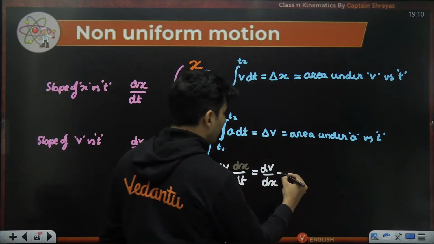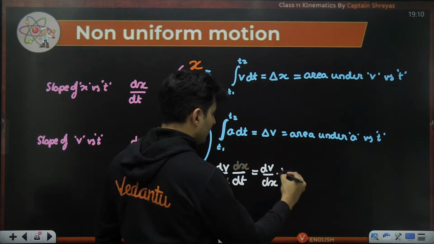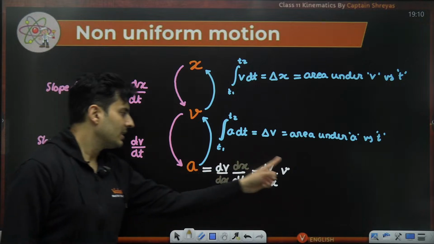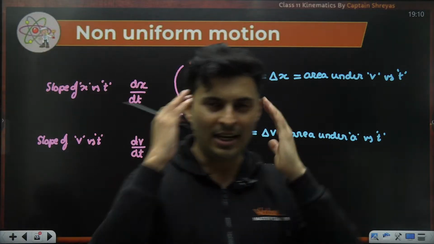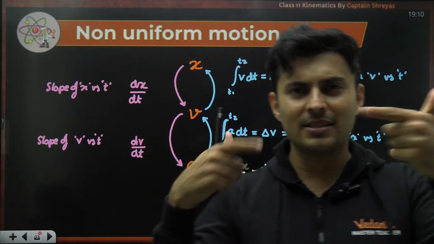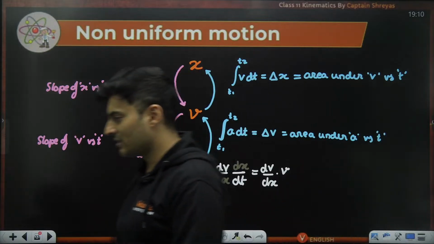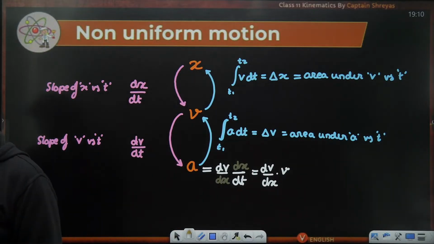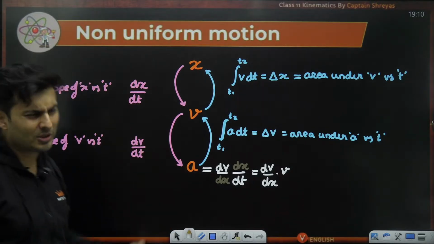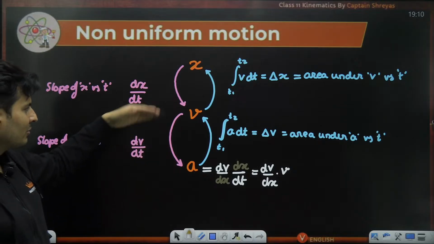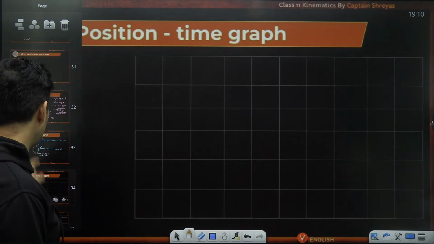That is velocity. So I can just put it over here. So this chain rule is also used in many questions. So if you know this chart in your mind, if you have practiced it many times, that's it, your job is done. So use this. Cool, everyone? Yeah, you can write acceleration as the second derivative of position, but that's also the derivative of velocity, which is itself the derivative of position. So let's do questions of position time graph.